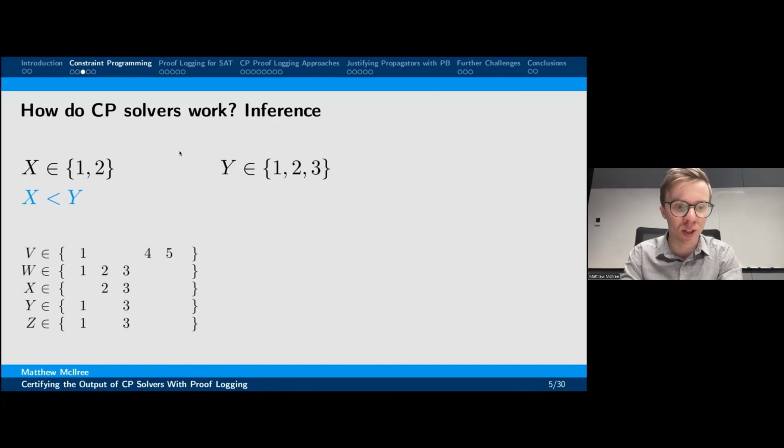Sometimes CP solvers reason over larger numbers of variables and look at the domains in a more holistic way. And they might then decide that a particular set of variable domains is simply incompatible with a single constraint.